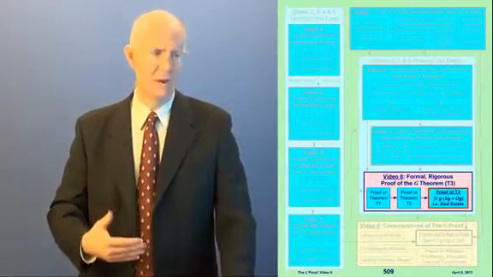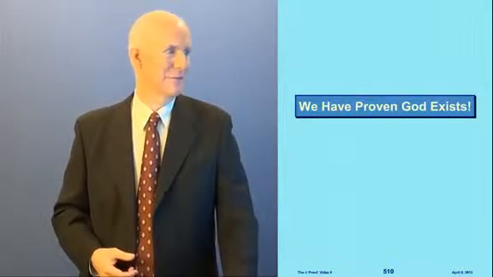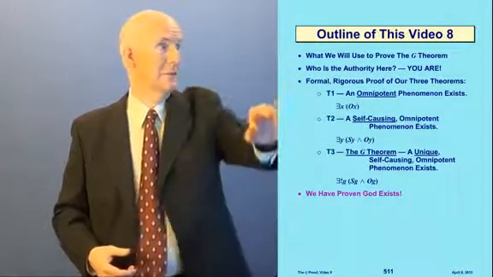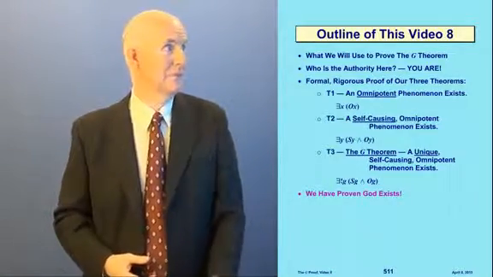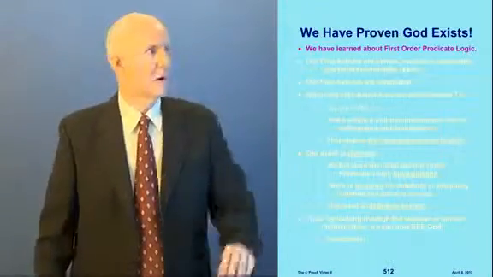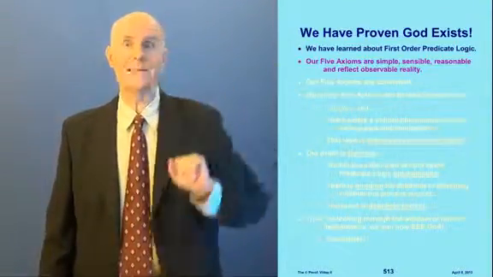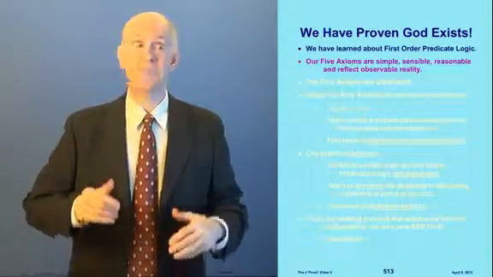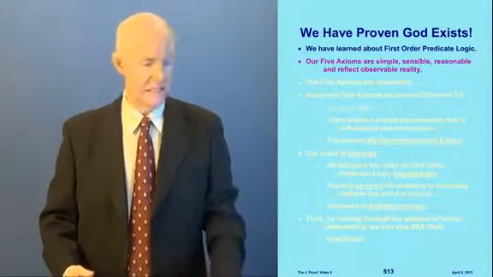All right, now I have a couple more things to say at the end here before we finish the video off. We have proven that God exists. Here are the last closing points that I want to make. We have learned about first-order predicate logic. Our 5 axioms are simple, sensible, reasonable, and they reflect observable reality.